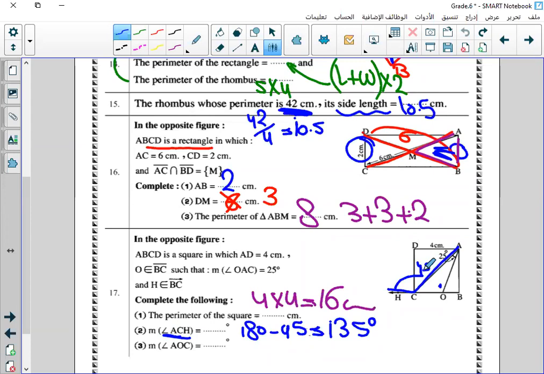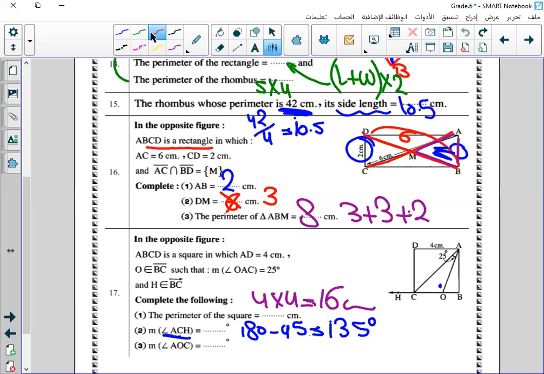Number 3, the measure of angle AOC. Can anyone answer? Noor: ACO will be 45, so AOC is 180 minus 25 plus 45. Excellent, Noor.